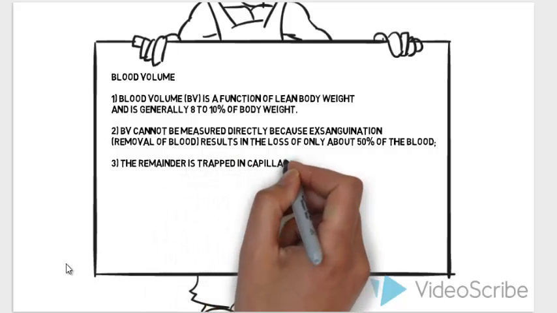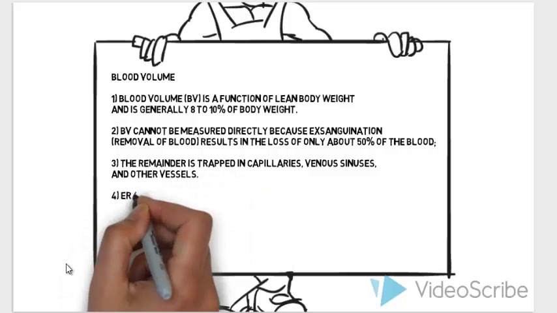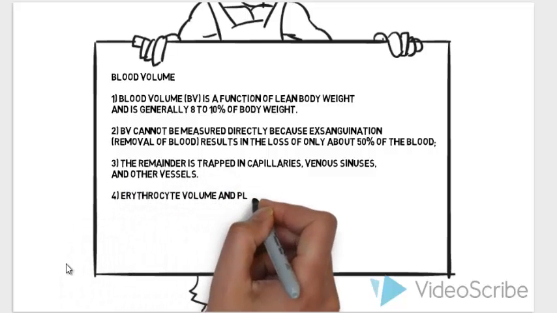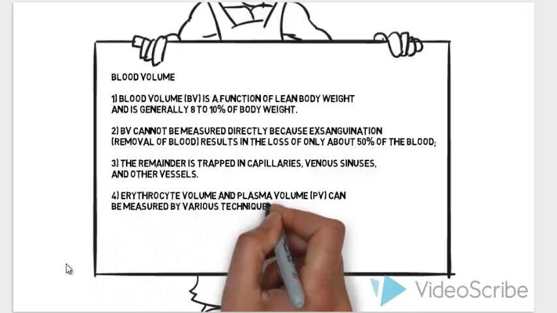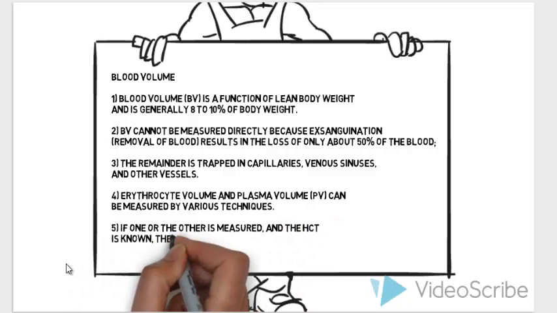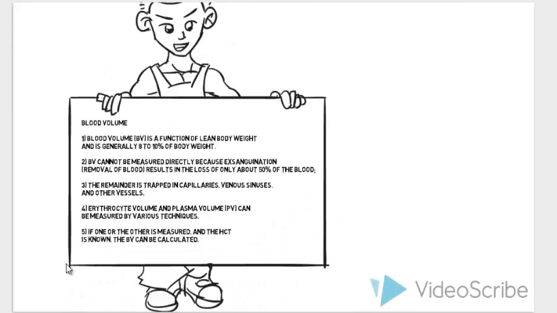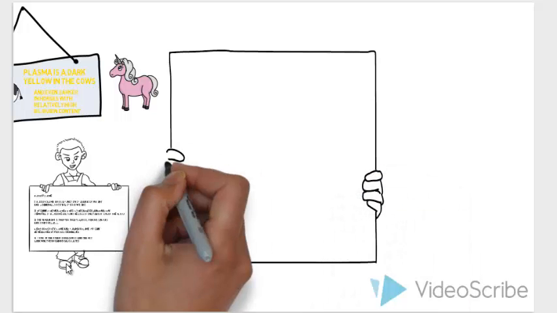The remainder is trapped in the capillaries, venous sinuses, and other vessels. Erythrocyte volume and plasma volume can be measured by various techniques. If one or the other is measured and the hematocrit is known, then we can measure the blood volume.